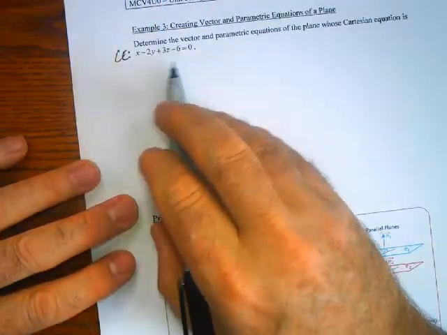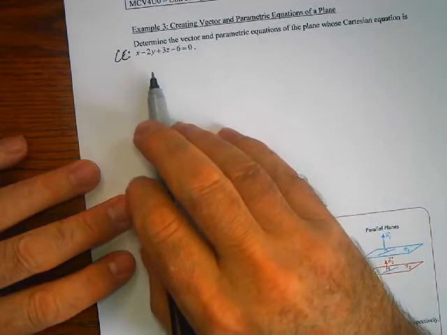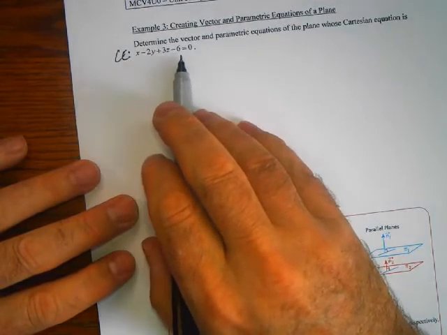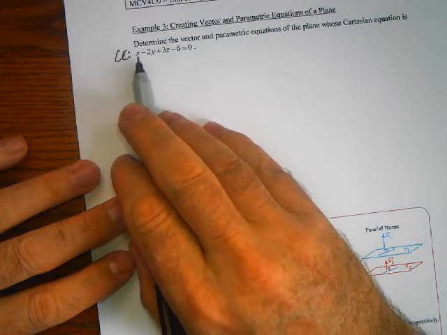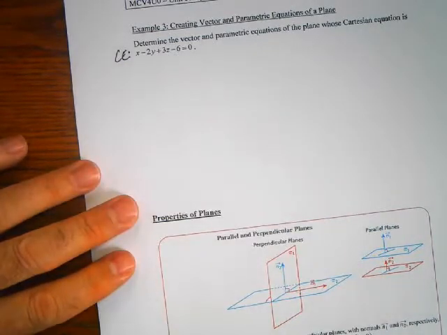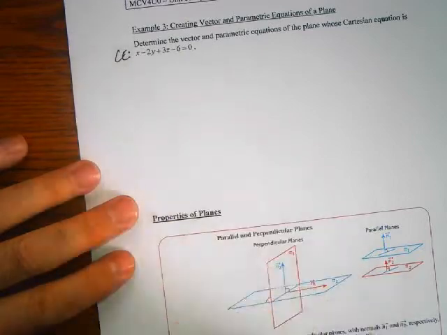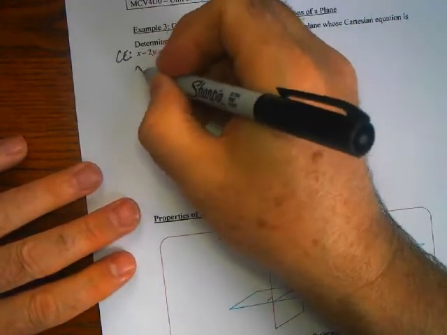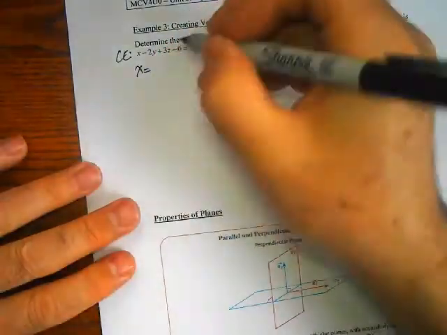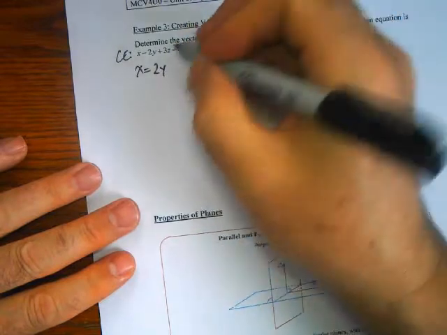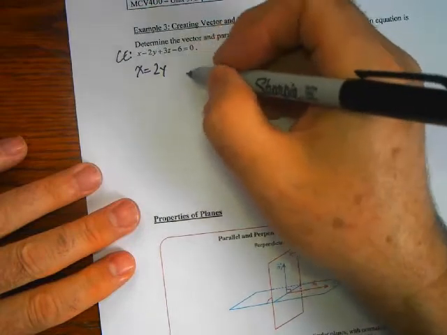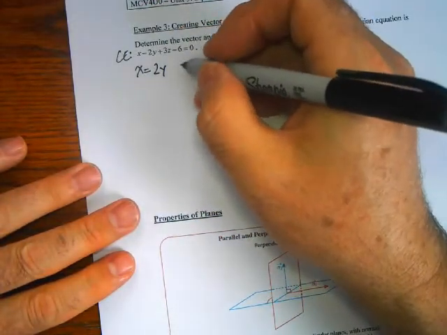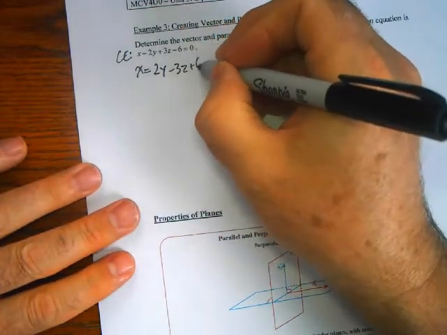Now, what we want to do is try to isolate one of these variables, and you'll see why in a second. So I'd like to pick the best variable to isolate for. That would be x, because the coefficient is 1. So I can rewrite the Cartesian equation to look like this. I just basically subtract all 3 of these terms from both sides. I get x equals 2y minus 3z plus 6.